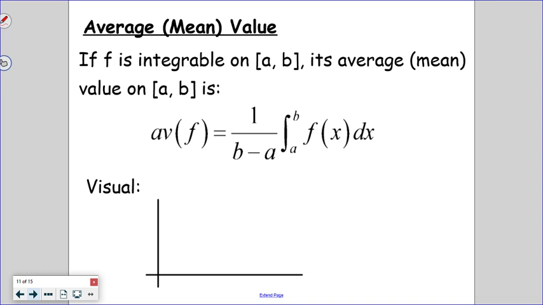Okay, so let me see if I can do a visual here that may help us understand what's going on. We're given some integrable function. Let's say f of x looks something like this, and we are looking at it on the interval from a to b.